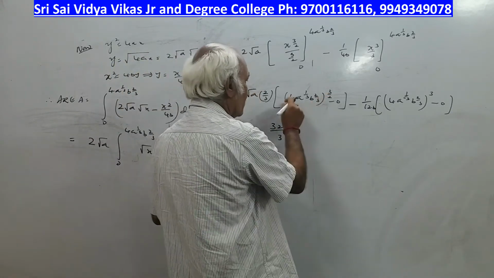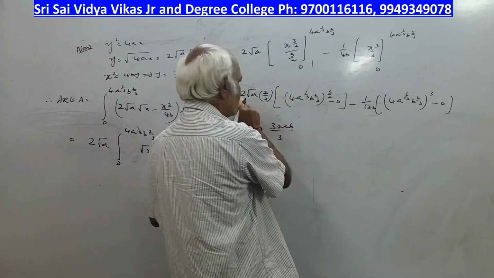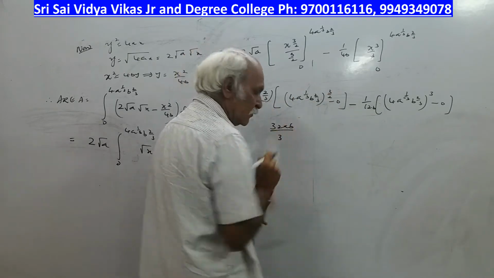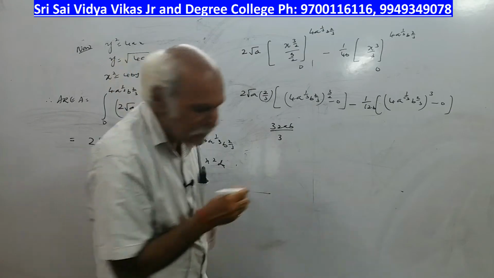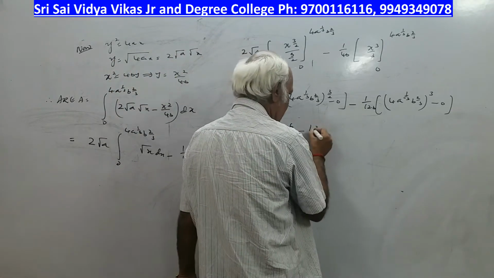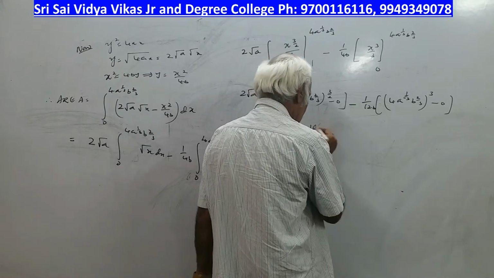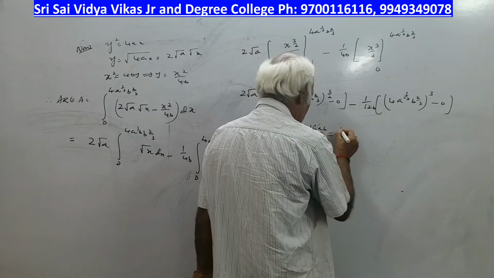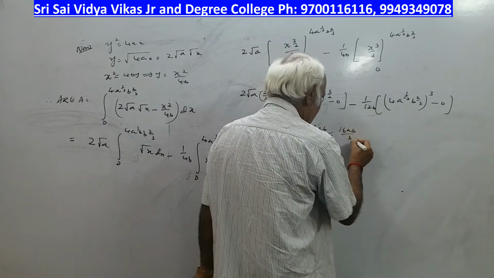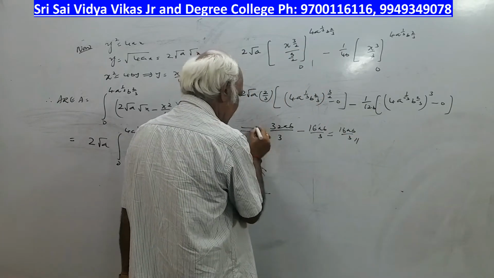Why? Because this will come 4 power 3 by 2, here 2 will come 2 by 3. So everything if you simplify it becomes 32ab by 3, and this will be minus 16ab by 3. So I am writing this direct step here.